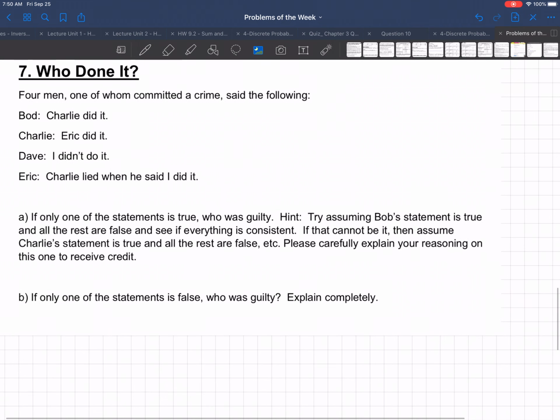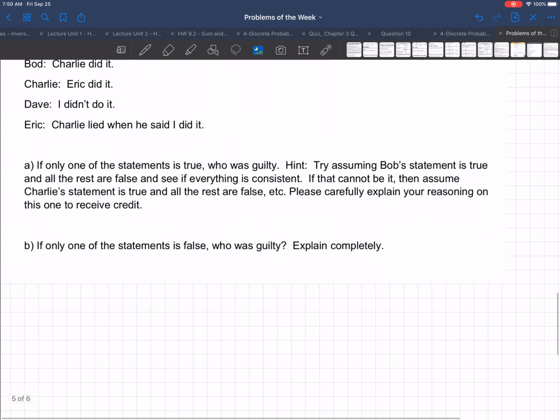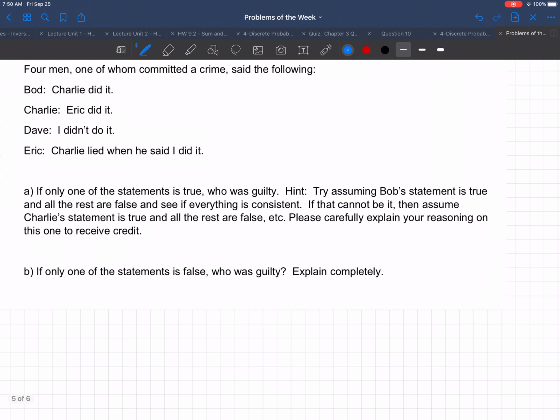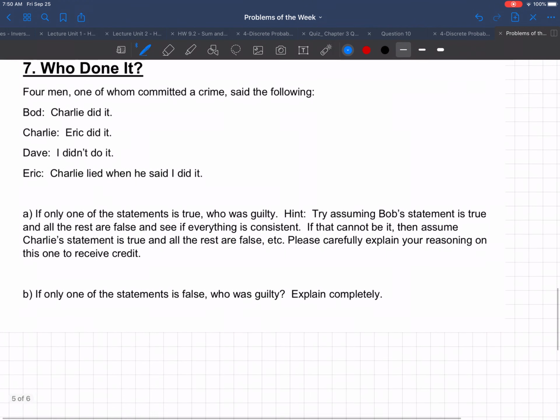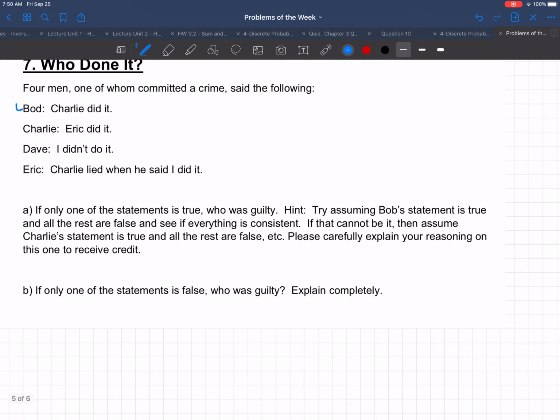We showed that can't be. So let's check off Bob, he's done. It actually says Bod. I didn't notice that before. All right, next we're going to go with Charlie telling the truth. We tried Mr. Bod here being the truthful one, and that didn't work. That was impossible.